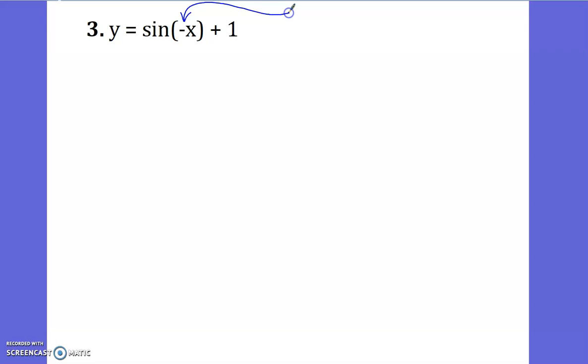This negative x is going to change the sign on all the x values, so that will reflect it over the y-axis. If you change the signs on the x, you're going over the y. And then this constant at the end means we go up 1. Okay, so remember, we always translate last, so we do our reflection first.